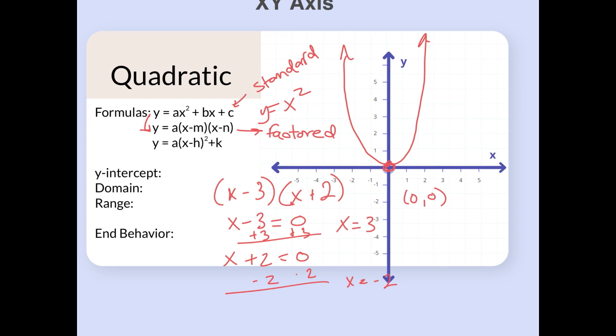So our solutions here, if they're x equals 3 and x equals negative 2, what that means is that we have a particular quadratic that passes through the 3 and passes through the negative 2. We would want to find a little bit more information, such as what the vertex looks like.